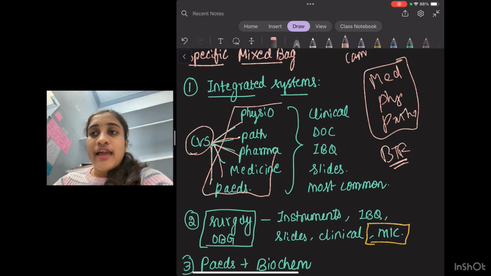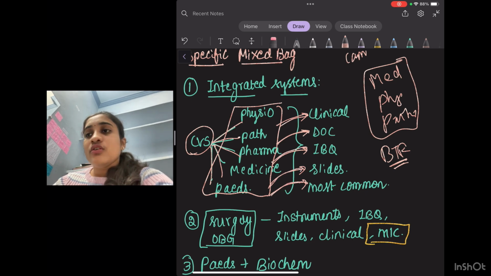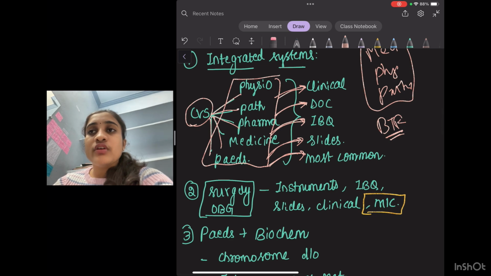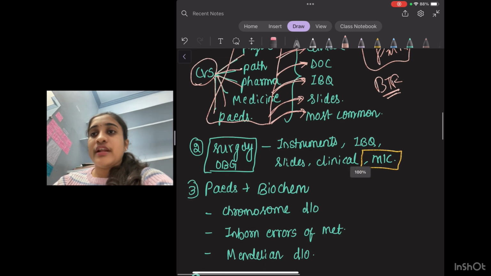Add these tags, do clinical, do the drug of choice, image based, slides, most common. Don't combine these, solve them individually while reading that particular subject. By this way you can complete all the integrated systems in a specific manner. I think this is the best approach, so try doing this.